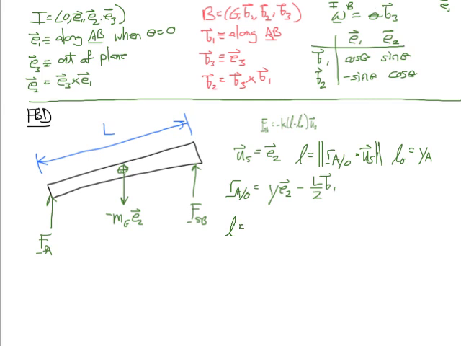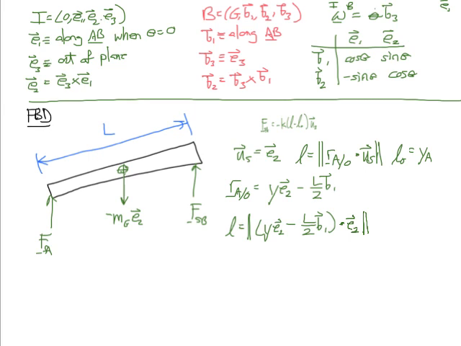The length of the spring is the norm of this vector, Y in the E2 direction, minus L over 2 in the B1 direction. We're going to dot that with U sub S, but we've defined U sub S as E2. So we're dotting this with E2, and then finding the magnitude by taking the norm.